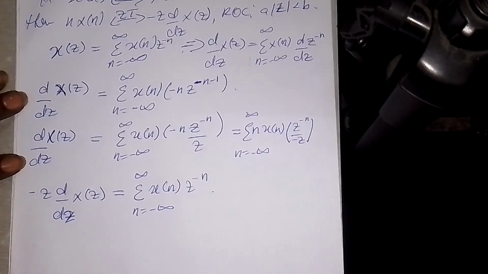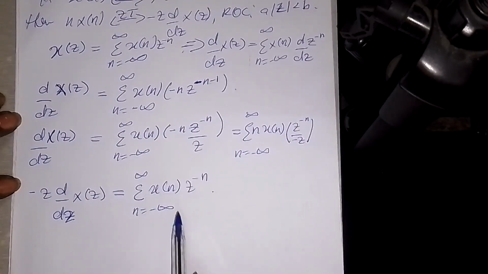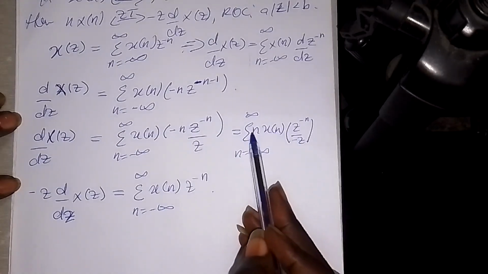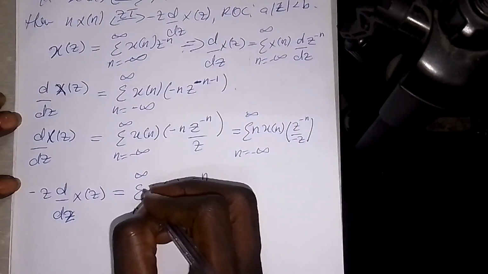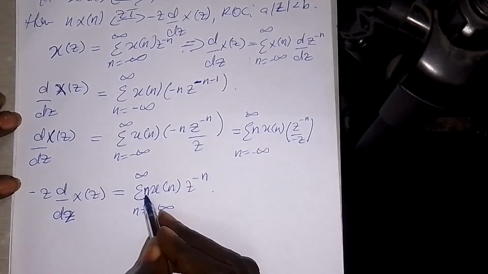Okay, so now if I have that, then this is already proven, because you can see that whatever I set out to achieve, I have here. This n must be represented here.